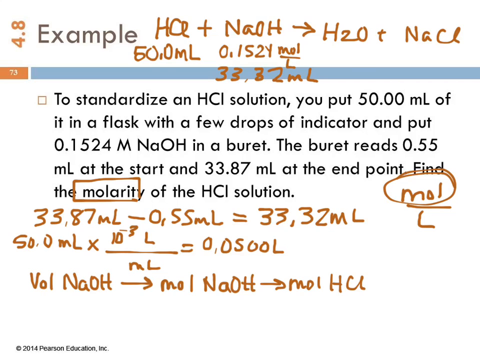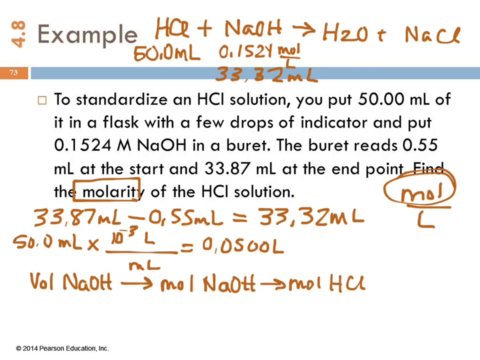But we just need moles. So this is our mantra, grams to moles to moles to grams. But we're making a couple tweaks. We're going to start with volume to moles, and we're going to stop. Okay? So volume of sodium hydroxide.